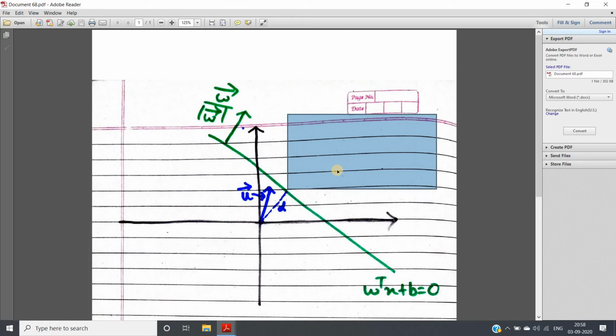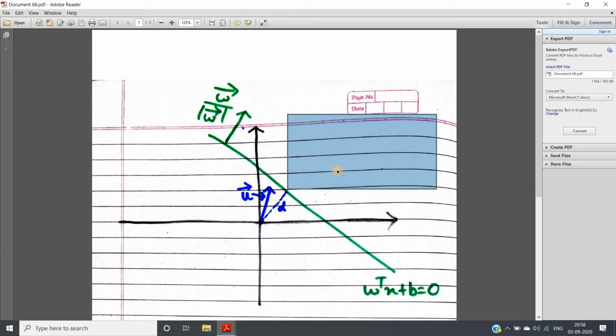As simple as that. So what is the projection formula? If you want the projection of a vector A in the direction of B vector, you compute A vector dot B cap, where B cap is the unit vector along the direction of B vector, that is B vector by mod of B vector.